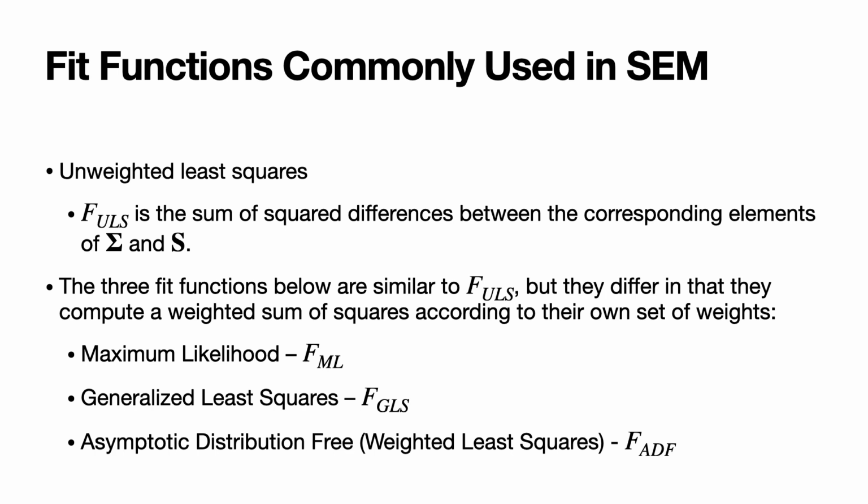And so maximum likelihood is a common criterion. Generalized least squares is another criterion commonly used. And then finally, asymptotic distribution free or weighted least squares is also used.